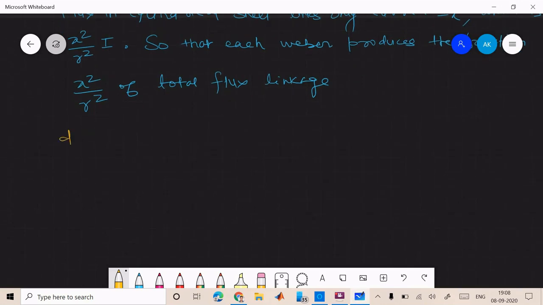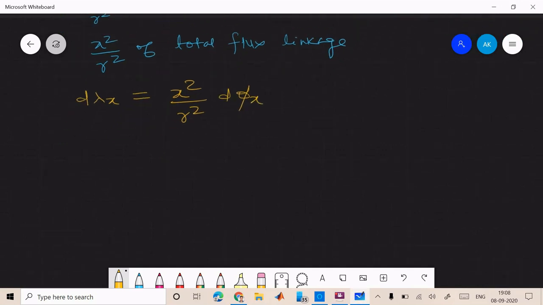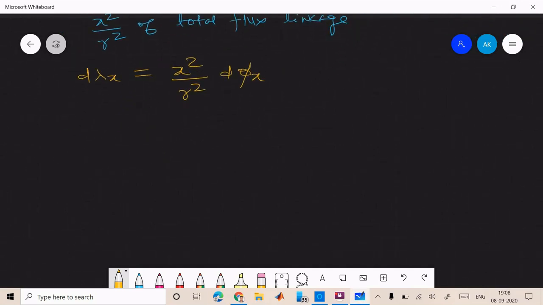So d lambda x will be equal to how much? x square by r square times d phi x. Your d phi x was mu I x over 2 pi r square dx.